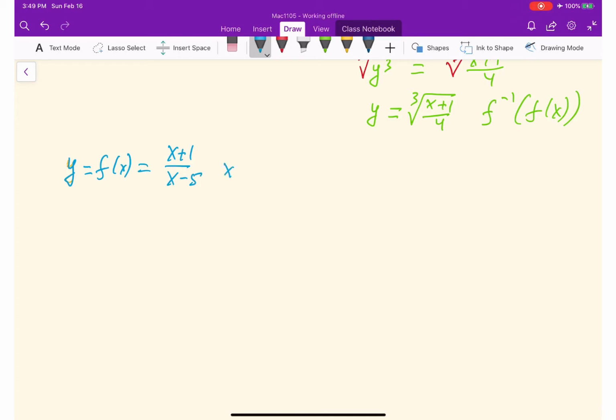Well, we need to mention that x cannot be equal to 5, right? Okay, so what we are going to get here, replace to get the inverse.